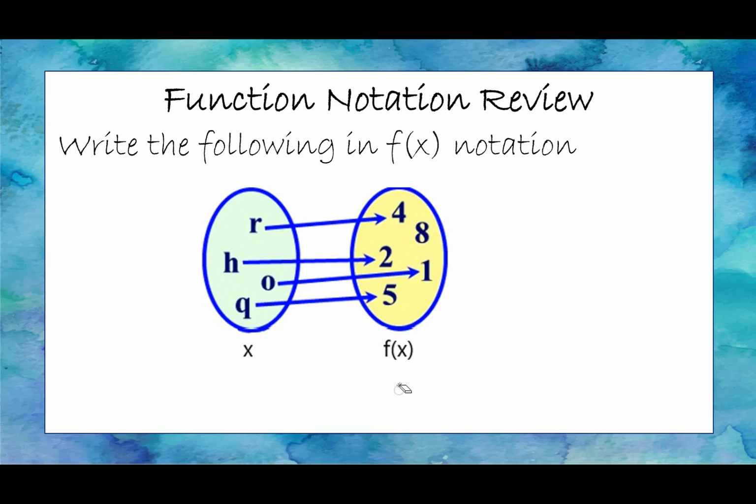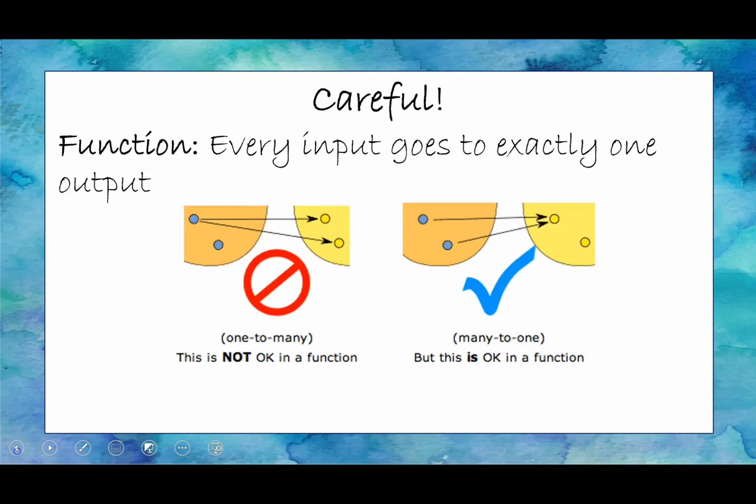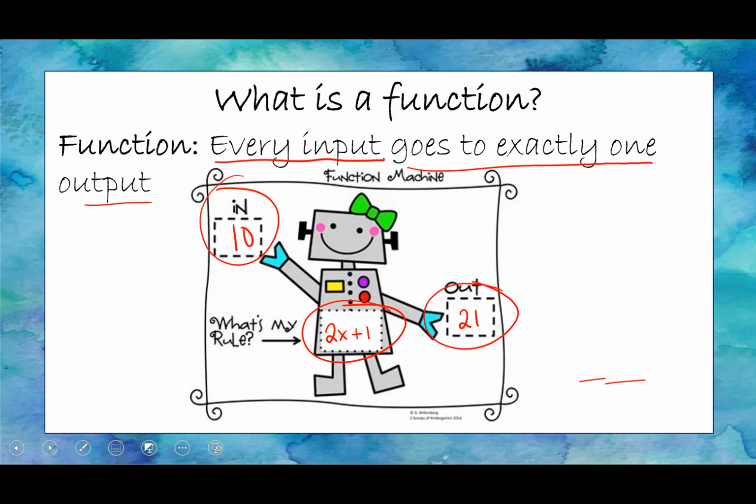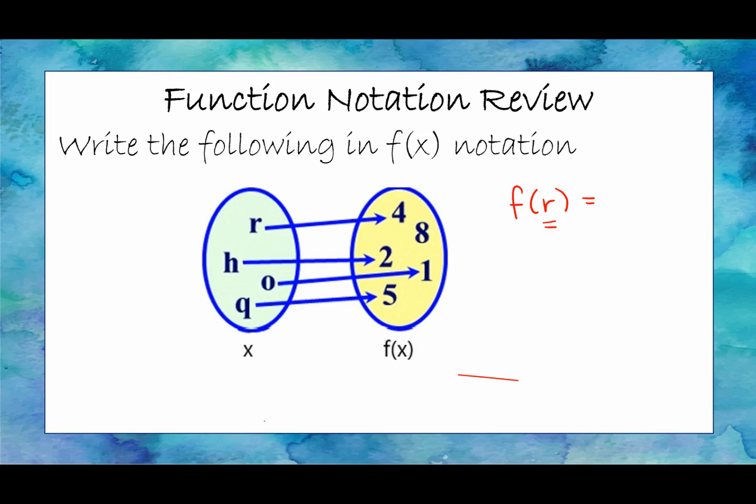So if I have a problem that asks you what f of r is, this question is essentially saying when I take r and I plug it into my function machine, just like the very beginning here, we can call this guy Frankie, f. If I take my value and I plug it into Frankie, what's going to be my output? So I'm putting r into my function named Frankie. What does he spit out?